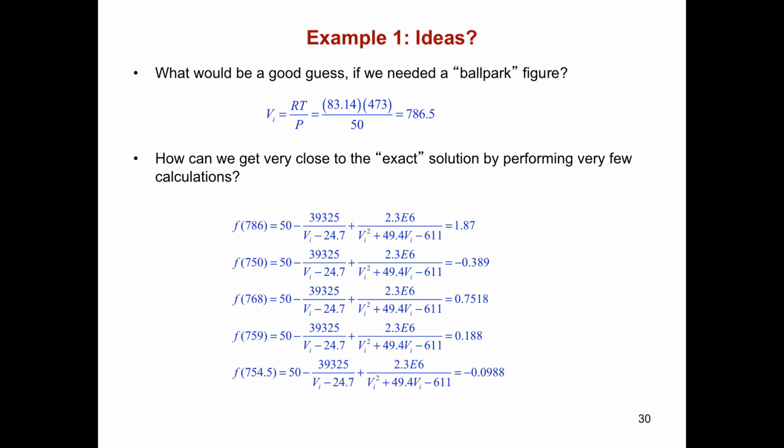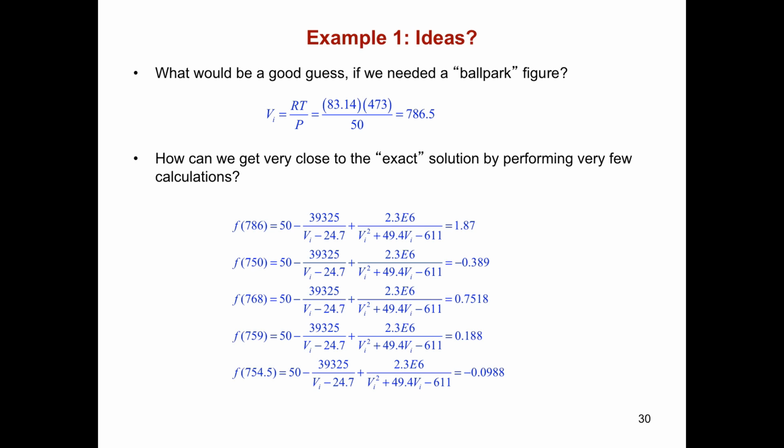Then I just try a value. Let's say that I only have a calculator and it's not a graphing calculator. If I try 750, oops, I went under 0. So I'm possibly somewhere in between. In between these two values, I start trying to get closer. I think this is halfway through, 0.75. Then I'm going to go in between these two values. So 759 is between 750 and 768.